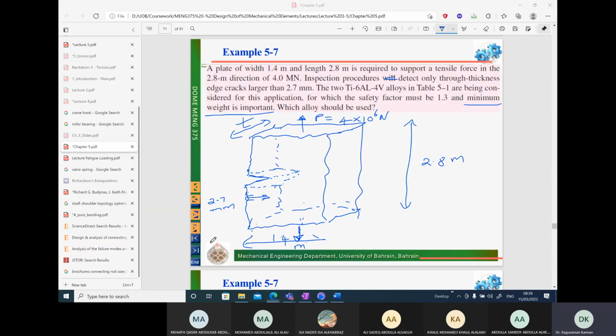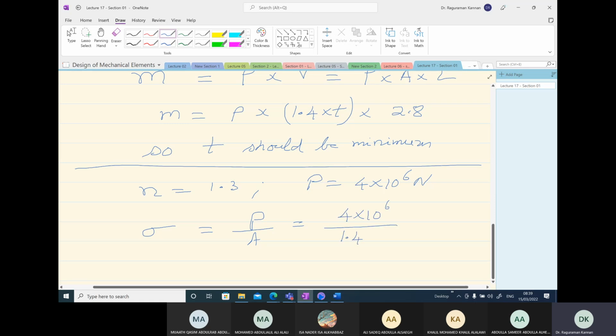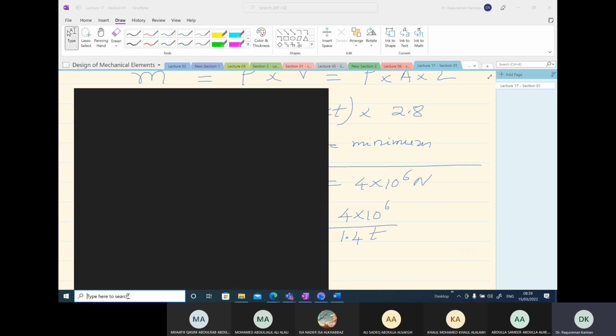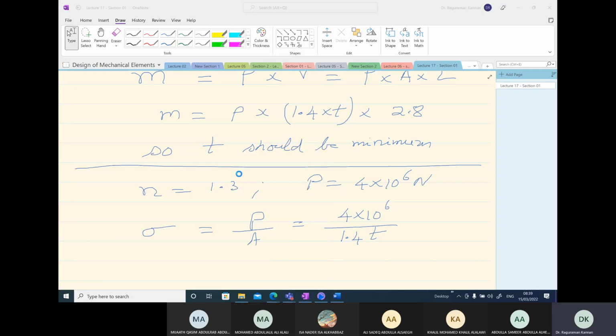Internal force is going to be the same as the external force P, because whenever I take a section anywhere on the plate, the internal force will be equal to P. We know the area of cross section, 1.4 T. So stress is 4 into 10 power 6 over 1.4 T. Let's open up MATLAB for all calculations.